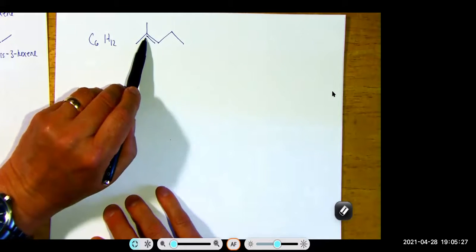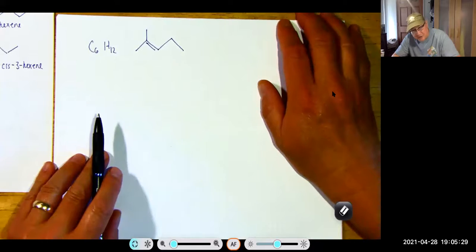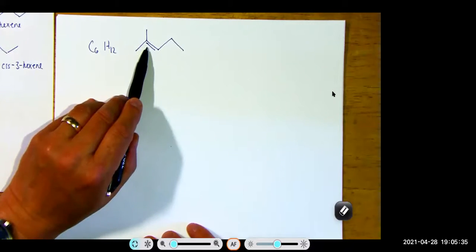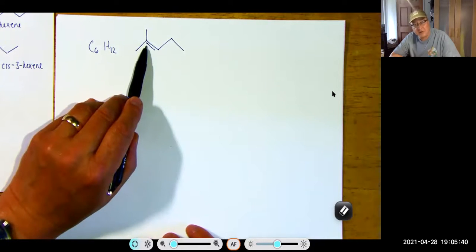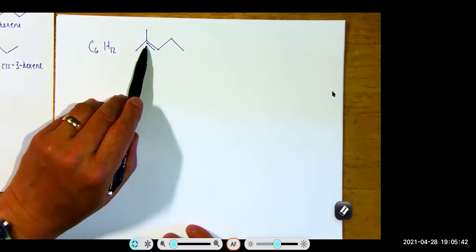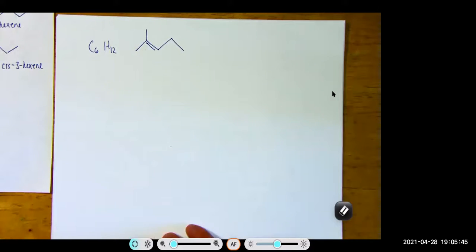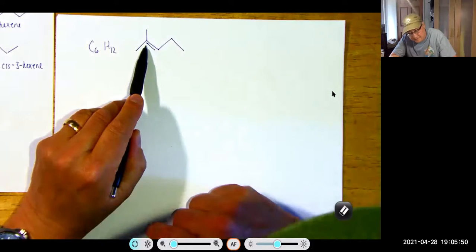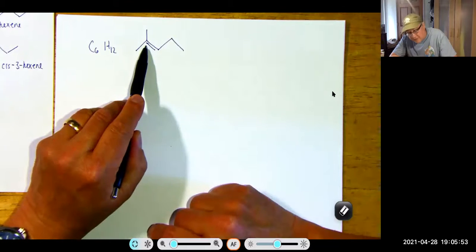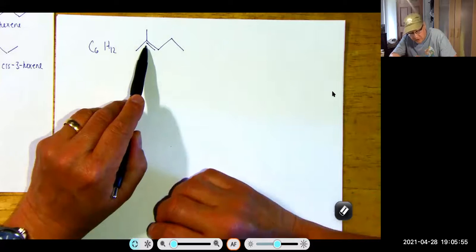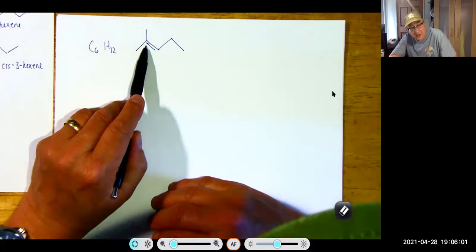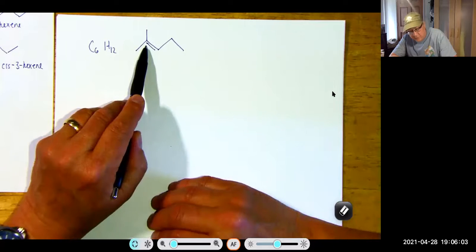None. This carbon right here in the middle has 4 bonds, and you never show carbon-hydrogen bonds, so none of those bonds are to hydrogen. So how many hydrogens are bonded to this carbon? None, because we see 4 bonds.